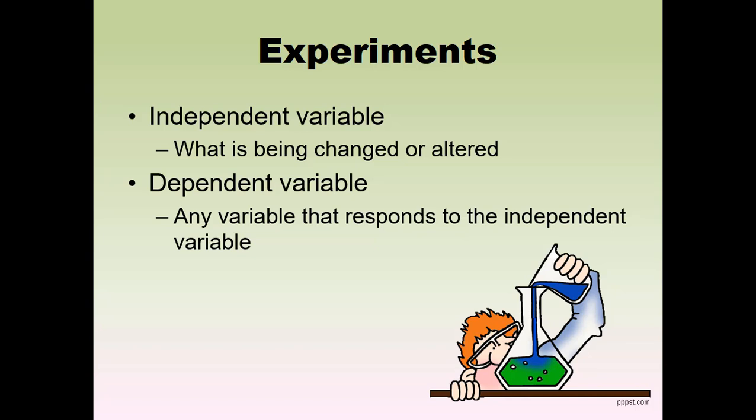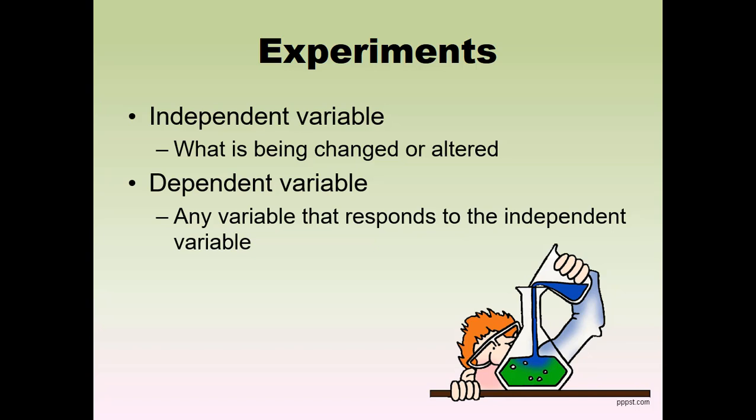So for example, if it is indeed the problem that my battery was out of power, there would be multiple dependent variables that would respond to that. When I put my key into the ignition, the dash panel lights would go on. Those would be dependent variables.